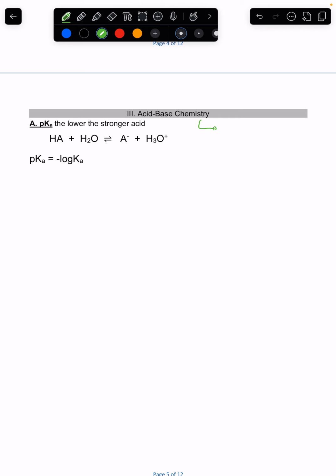So I would say the proton transfer is perhaps the most common reaction mechanism step.